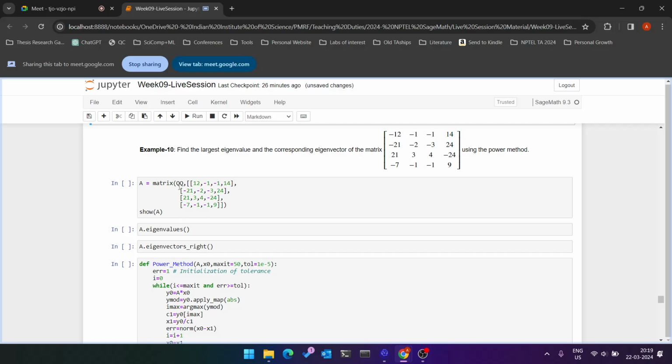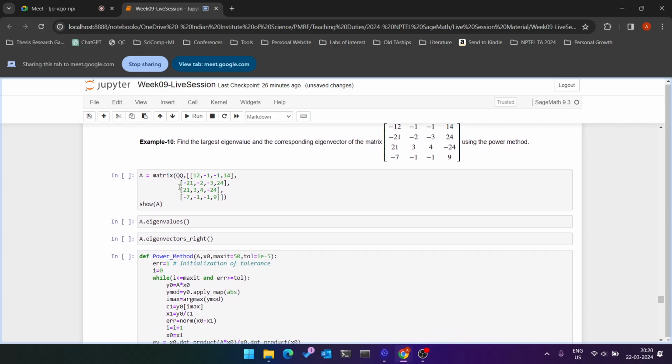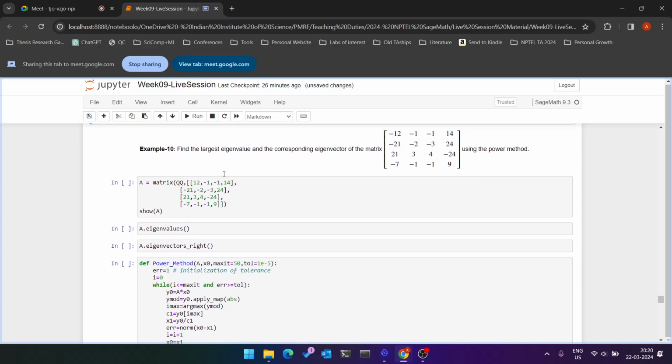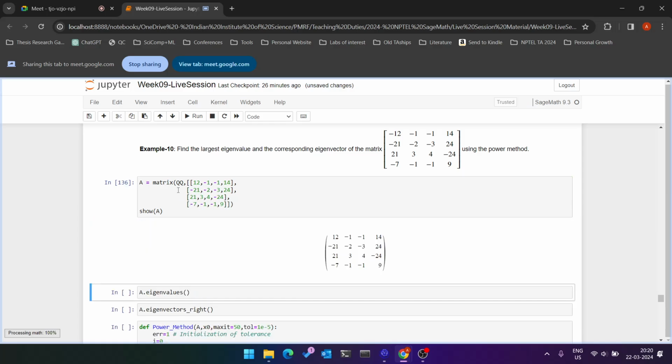Example number 10. Find the largest eigenvalue and corresponding eigenvector of the matrix given here using the power method. Again, the same process. Specify the matrix A. We'll print it.